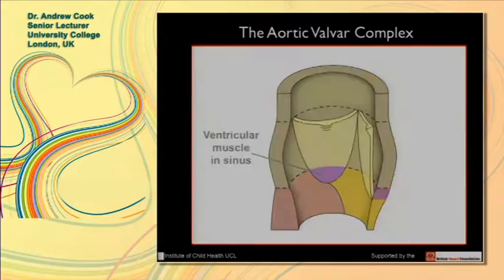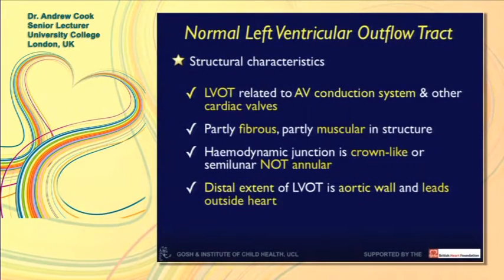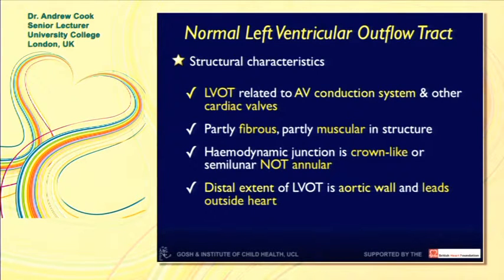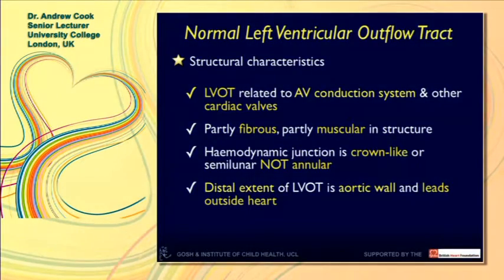So the aortic valve in general then is a relatively complex structure. Important to remember the relationship to the conduction tissue, that it's partly muscular and partly fibrous, and that the hemodynamic junction is semilunar rather than a true annulus.